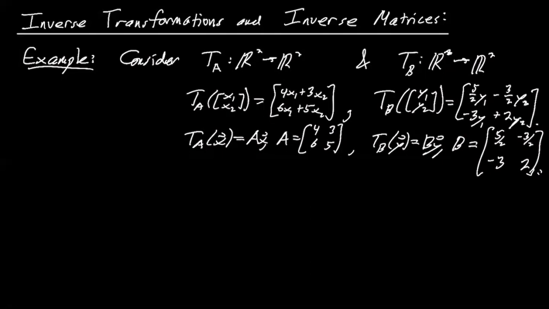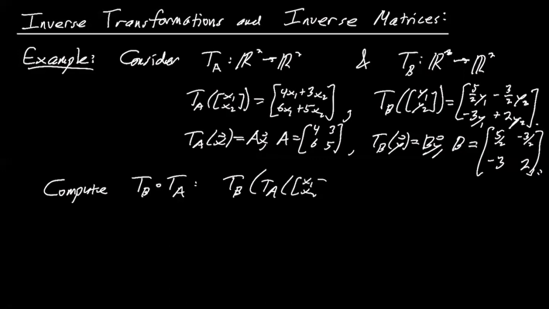And here's what I want to ask. What is the composition? If we do T sub A and then T sub B, or T sub B and then T sub A. So compute, let's just say, T sub B composed with T sub A. Right, so that means we want to do T sub B of T sub A of x, right?